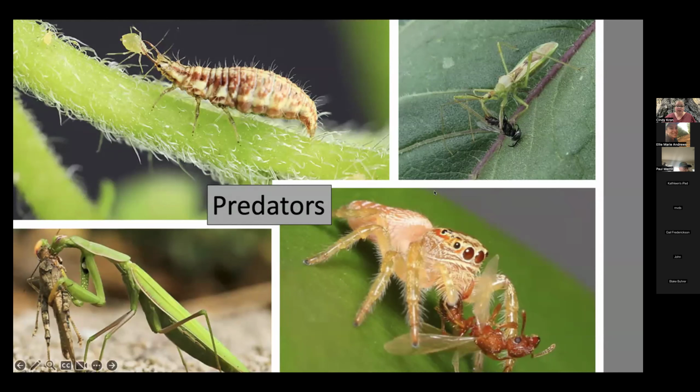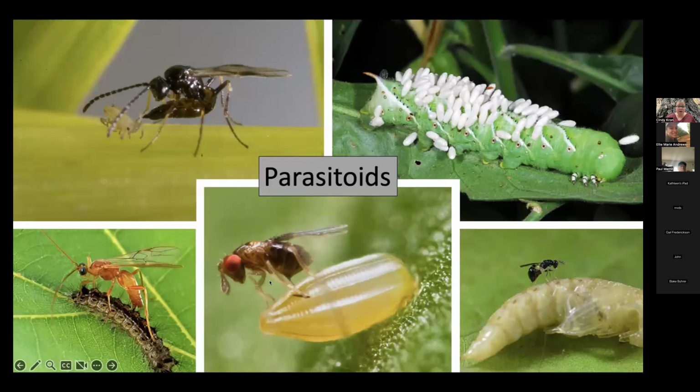Predators, as you can see here, will attack multiple insects in their lifetime. So they need to have multiple prey items to be able to make it through their lifetime. And this is in contrast to parasitoids, which we'll cover in a later slide. But as you can see here, they're attacking different insects. Parasitoids, on the other hand, this female will lay an egg inside of this nymph.